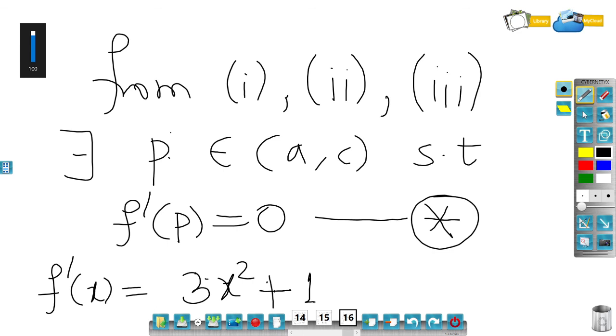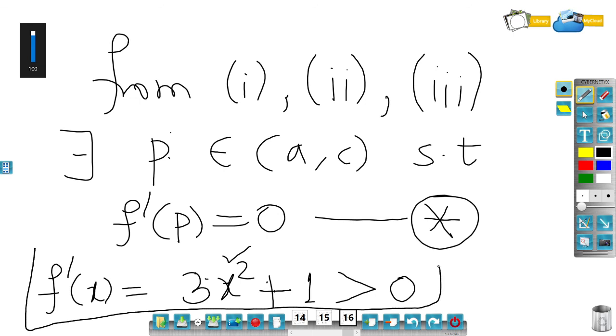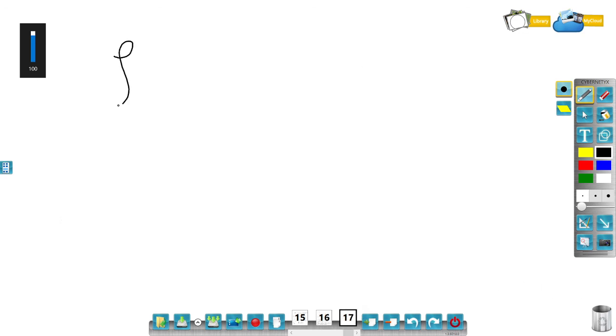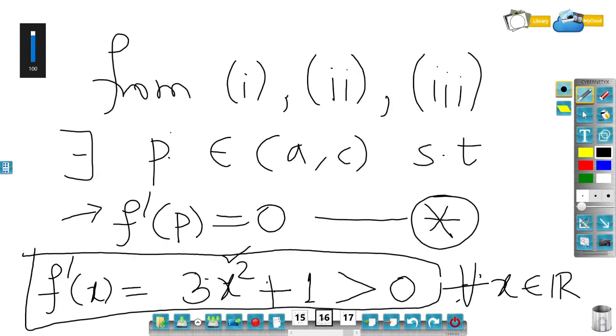And now you could see that for whatever x, this f dash is always greater than 0, because the value of f dash x will never be 0, it will never be negative, it is always positive. And here we have said that f dash at p is 0. This is true for all x belonging to the real numbers. So in particular, if I replace x by p, then f dash p is also greater than 0 because p is a real number.